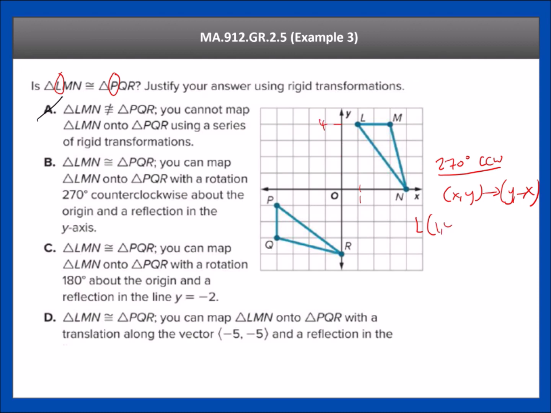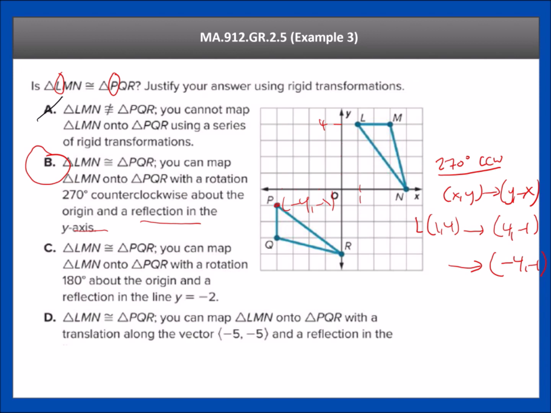We got 1, 4. So if I use that transformation rule, that's going to turn it into 4, negative 1. And then I'm going to do a reflection in the y-axis, which means it's going to change the x-coordinate. So it's going to be negative 4, negative 1. And then we're going to verify that that actually maps to P. So P is actually negative 4, negative 1. So that actually works out. So this should be the solution here.